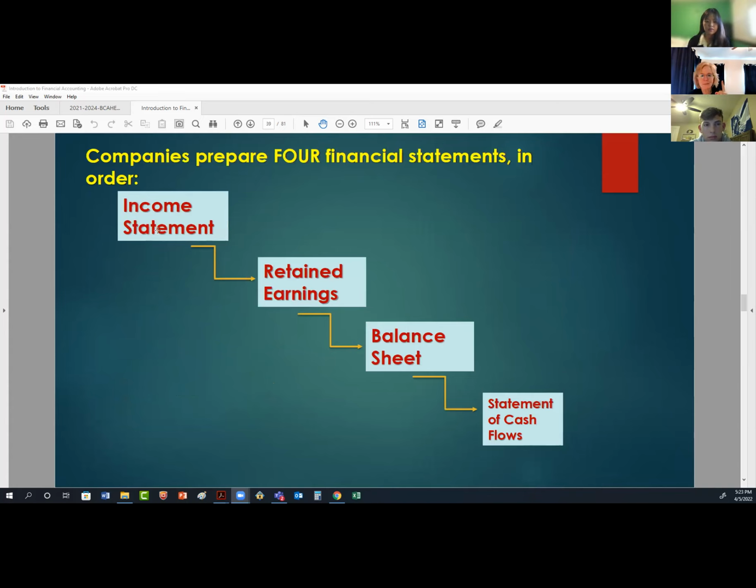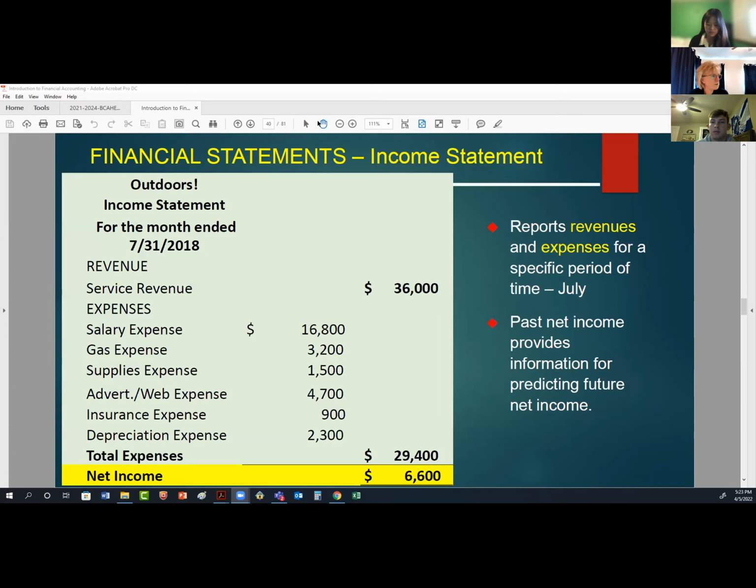First income statement, then retained earnings, and then balance sheet, because you need information that comes from the income statement onto retained earnings. You need that information on the retained earnings statement to use in the balance sheet. So you can't do them out of order. Now, mathematically, you can do them out of order, but it's just a little bit trickier. All right. So here's that income statement again.